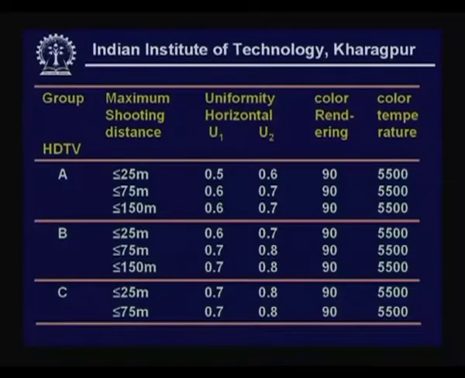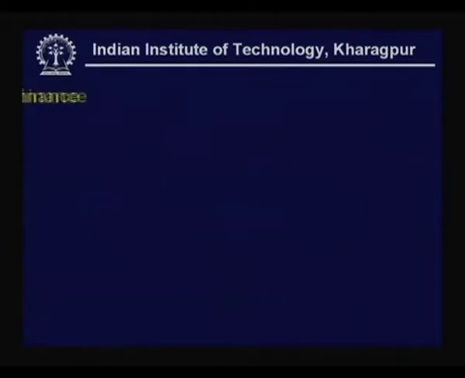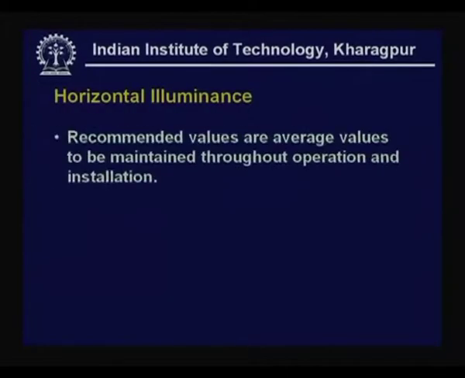It has increased to 0.6, 0.7 for even group A games, and it remains at 0.7, 0.8 for group C games. So, we find that the requirements of HDTV include a higher color temperature and a higher color rendering requirement.